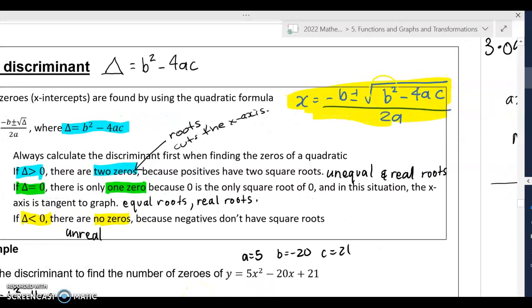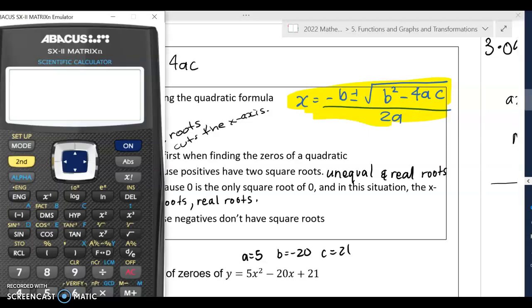If our discriminant, or our b squared minus 4ac, is less than 0, what we're getting is a negative number under the square root sign. Now, if you were to pop a negative number on your calculator, and I might just grab my calculator now.